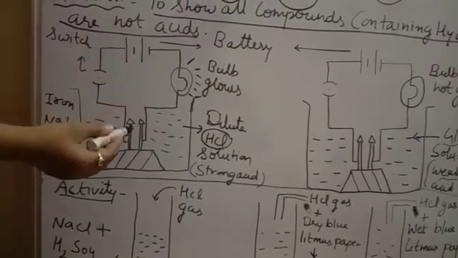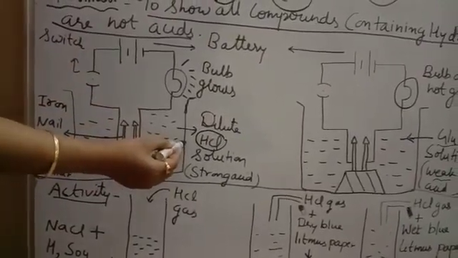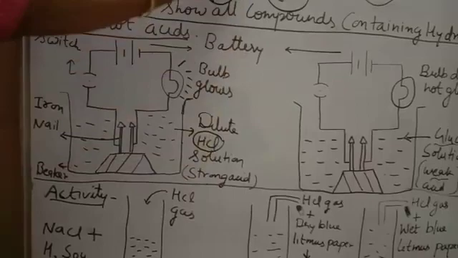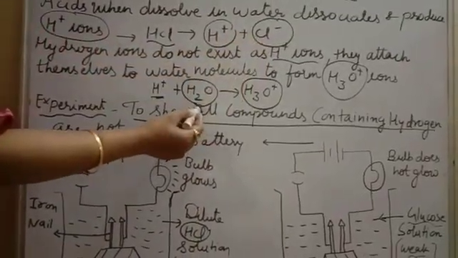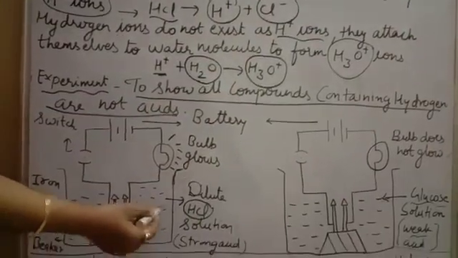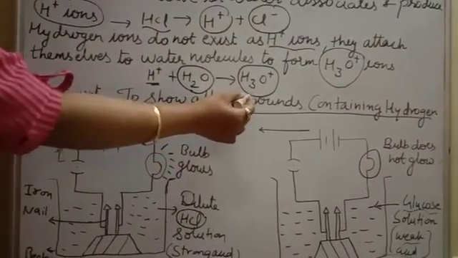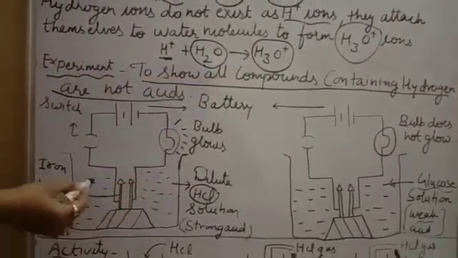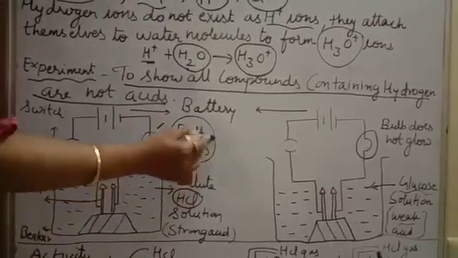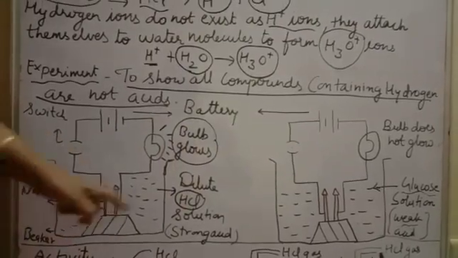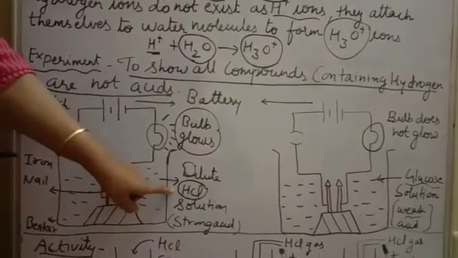Now, when we switch on the current, what will happen? HCl dissociates into H plus and Cl minus ions and reacts with the water molecules in the solution and forms hydronium ions. So, electricity should conduct in this and the bulb will start glowing. So, we can say that HCl dissociates into H plus ions.